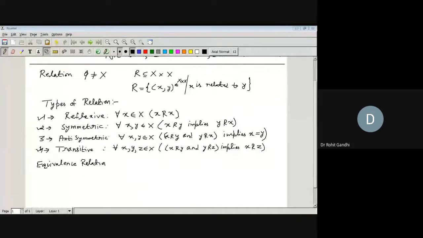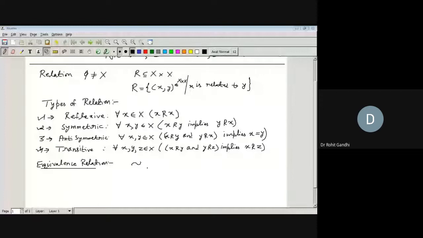A relation on a non-empty set X. Now I denote the relation by this sign, which is similar to the sign we studied in 9th and 10th, where one sign is congruent, used when we say that triangles are congruent. This sign is of similar, so I will write the relation with this similar sign.